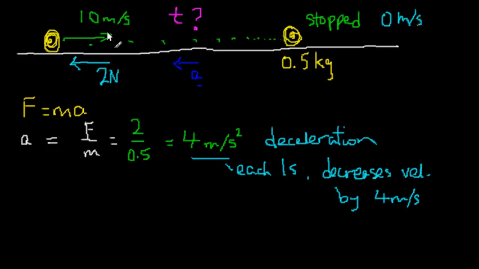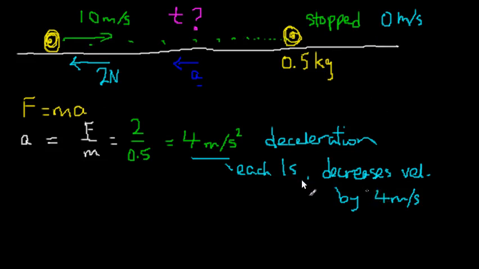So that means that there's a decrease in velocity from 10 all the way to 0, a decrease by 10 meters per second. Now, from my calculation here, I have just found that each second, the velocity would decrease by 4 meters per second. So the question now is, how long does it take for 10 meters per second to decrease to 0?